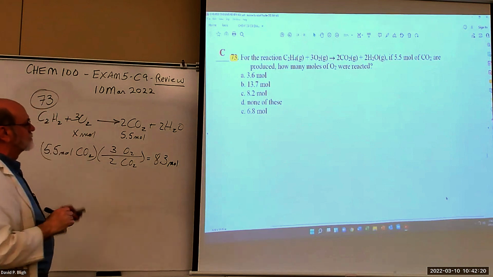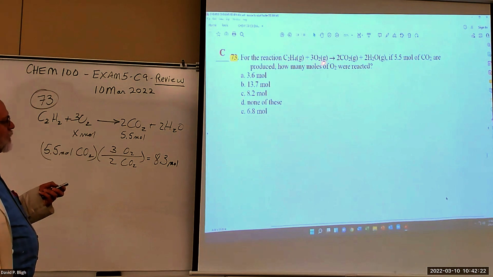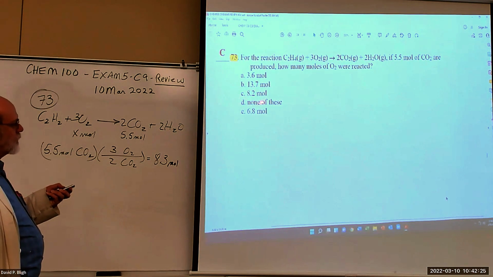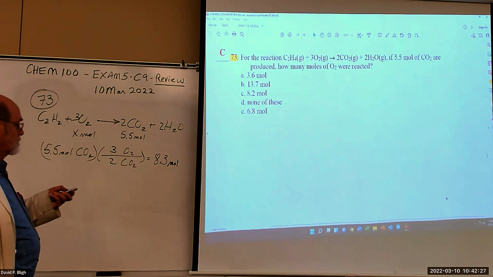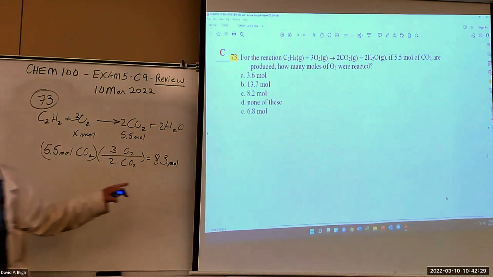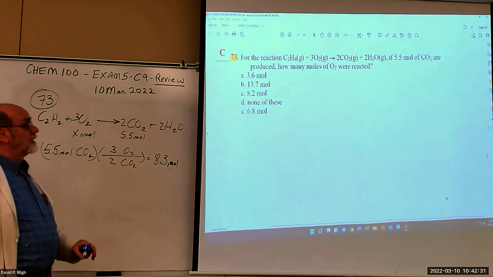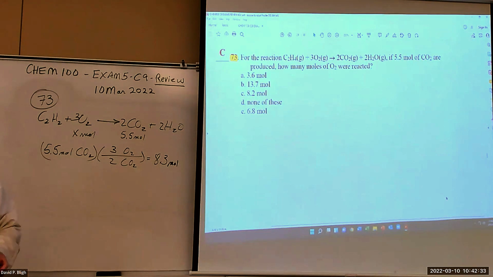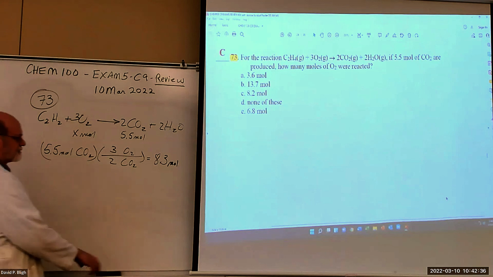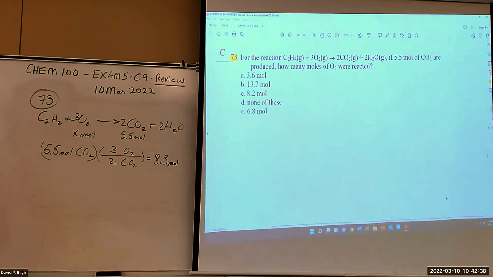Was that the question? How many moles? Okay. Closest one, you could say none of these, right? If you came up with that value. But the best answer is 8.2. It must be a rounding error. Let me see, I'm trying to get 5.5 times 3 divided by 2, which would be 8.3 rounded off.